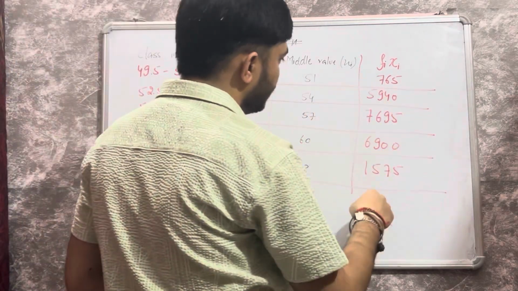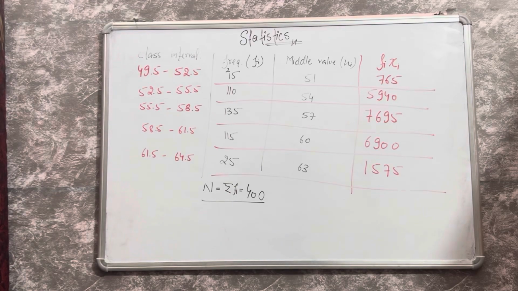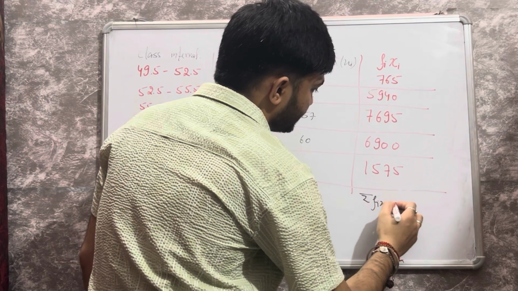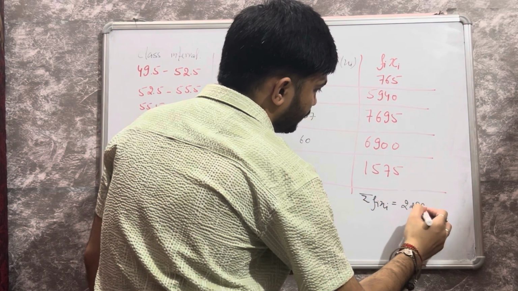Now we have to add these values as well. You have to add 765 plus 5940 plus 7695 plus 6900 plus 1575, and you will get the answer 22875. Summation of fi xi is 22875.